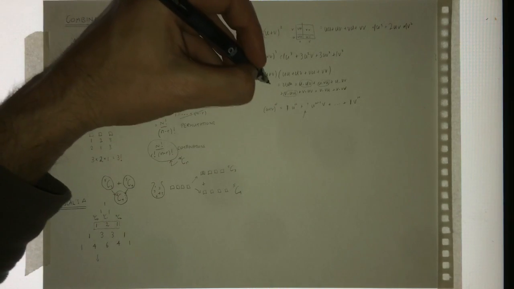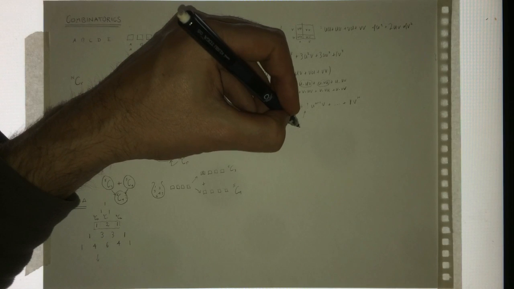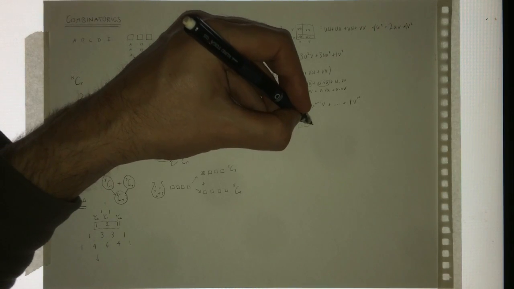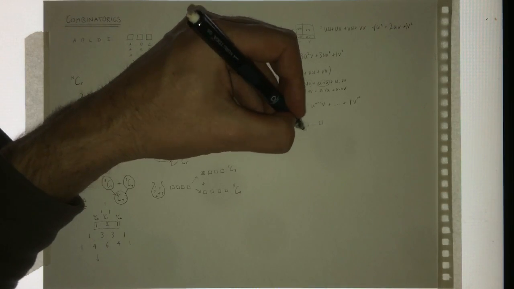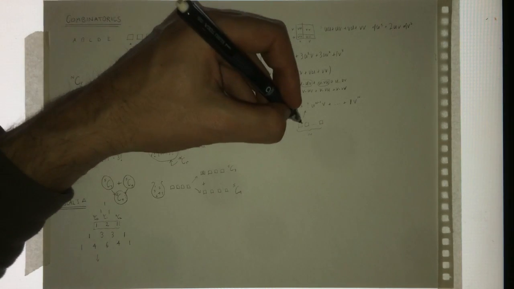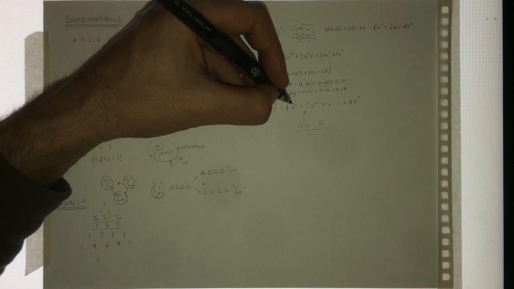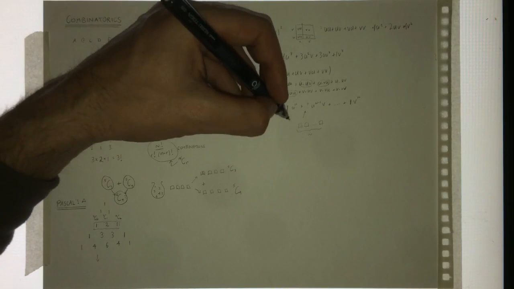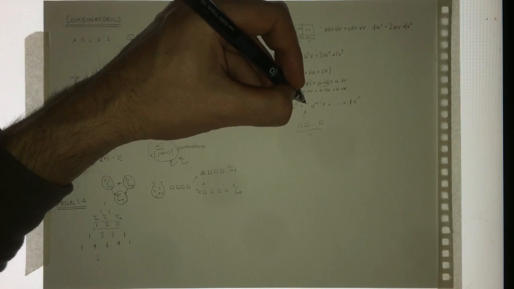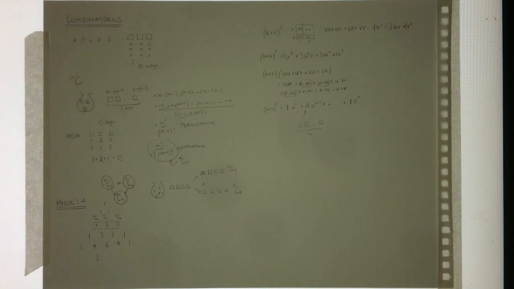So if we've got n slots, then our v could be here, or it could be here, or it could be anywhere. There's n different places it could be.